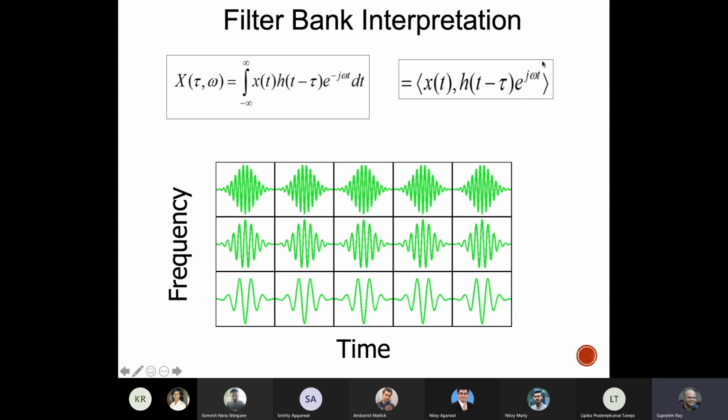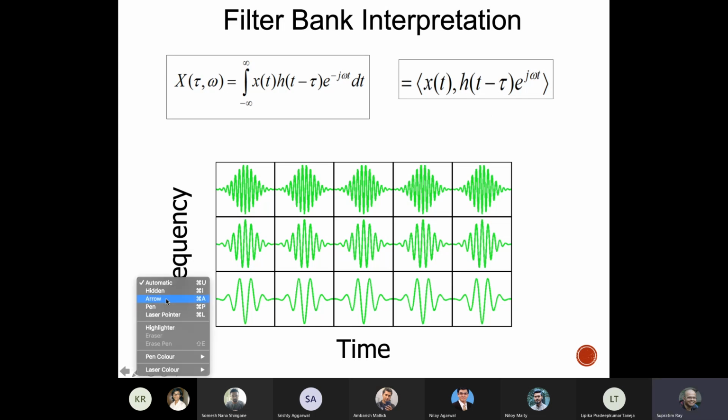Okay, and this complex exponential is what is going to shift the filter to a different frequency. It's the window here. This complex exponential puts it at different frequencies. So when I look at a filter bank interpretation of just the windowed Fourier transform, then essentially what I have in this case is the window.